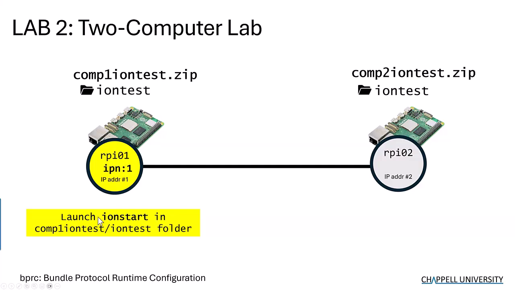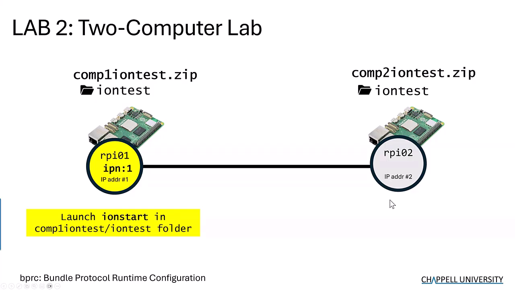So it's going to start making these TCP SYN packets and send them out to rpi02. rpi02 is not up yet, so we aren't going to get responses back. We're going to time out and send another SYN, time out, send another SYN. And that's normal as you're waiting for that neighbor to come up.